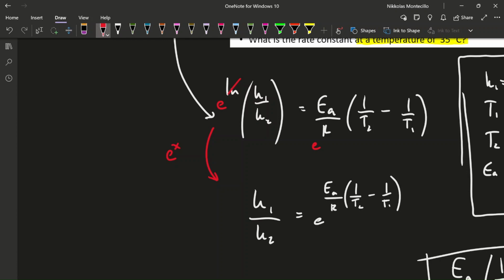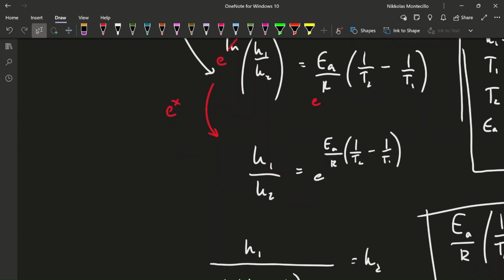And then what we're left with is the ratio of k1 over k2, which equals the natural exponent to the power of Ea over R times the inverse of T2 minus the inverse of T1, right? And then essentially I multiply both sides by k2, but divide both sides by e to the power of Ea over R times 1 over T2 minus 1 over T1, which cancels this out, right?